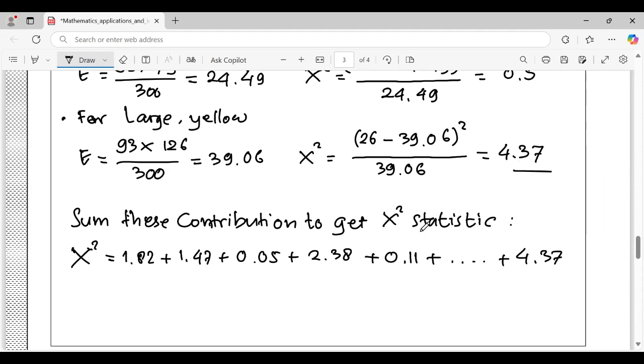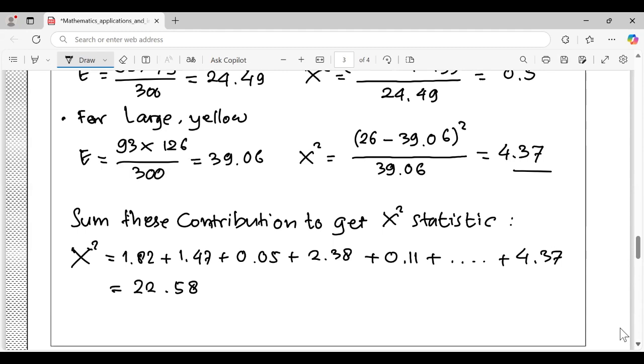And the result is 22.58. So this is the sum of the chi-squared.